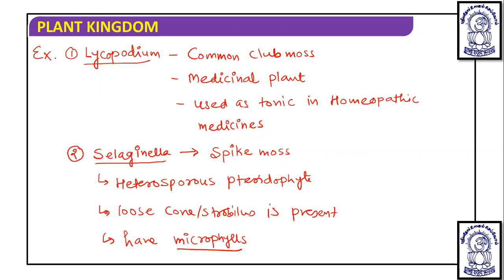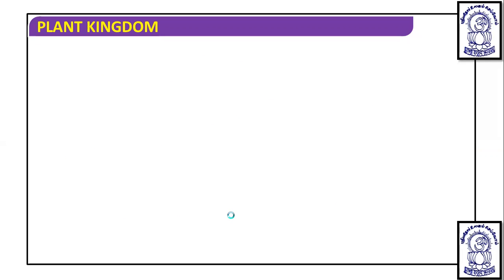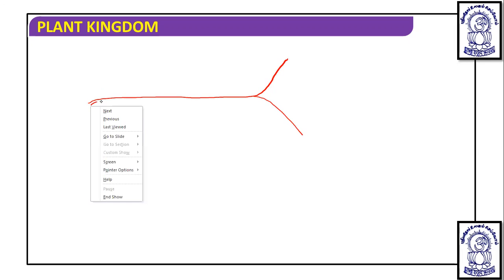Now after this, we can draw the diagram of Selaginella, and if we draw it, it looks like this. It usually grows horizontally. This is the main stem.